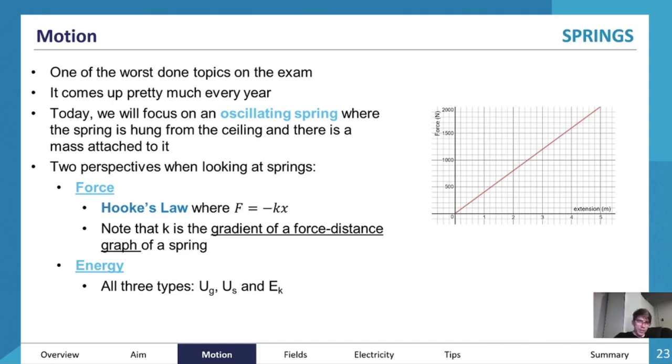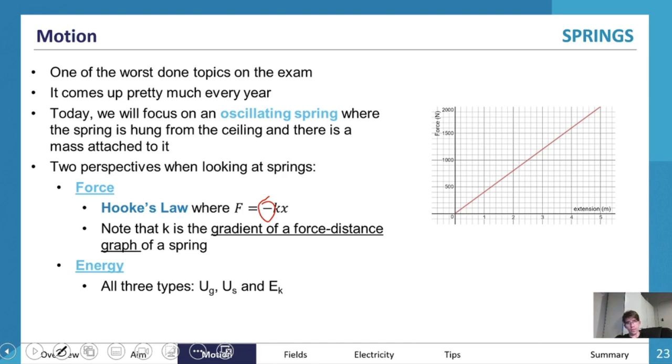What it is basically implying is that the amount of force that the spring applies on you is proportional to the amount of force that you apply on the spring. That's what the negative is there for. It's there to indicate action-reaction force pairs. Now, k is a constant, a coefficient.